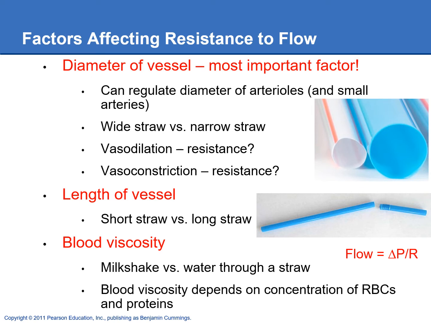And so with a higher concentration of red blood cells in the blood, that would make the blood more viscous. And so it would be thicker, more resistance, and it would be harder to pump it around, so there'd be less flow. But if you're anemic, where you don't have enough red blood cells, then your blood would be less viscous, and so the resistance would decrease, and that would increase the flow.